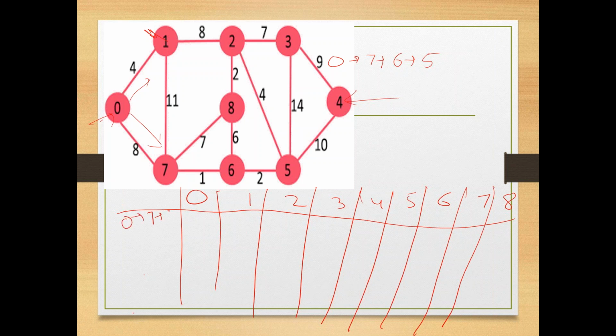Okay, we will be having 0, 7, 6, 5. You also fill this graph. Find all the paths. Don't stop, keep doing everything. I will be completing this table. Check your answer afterwards.